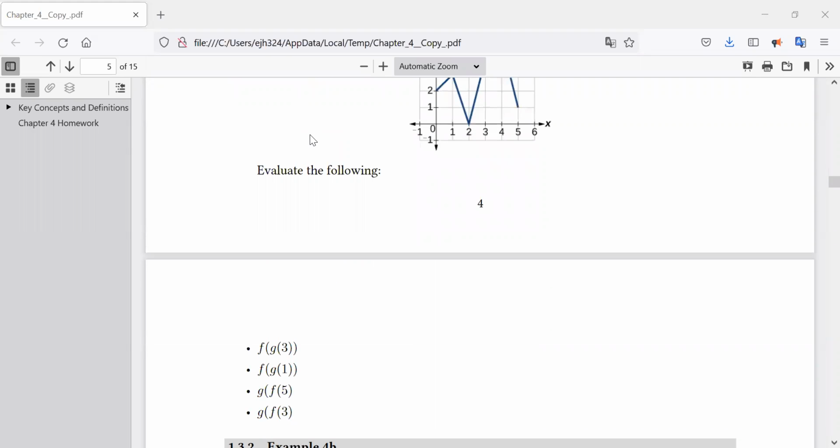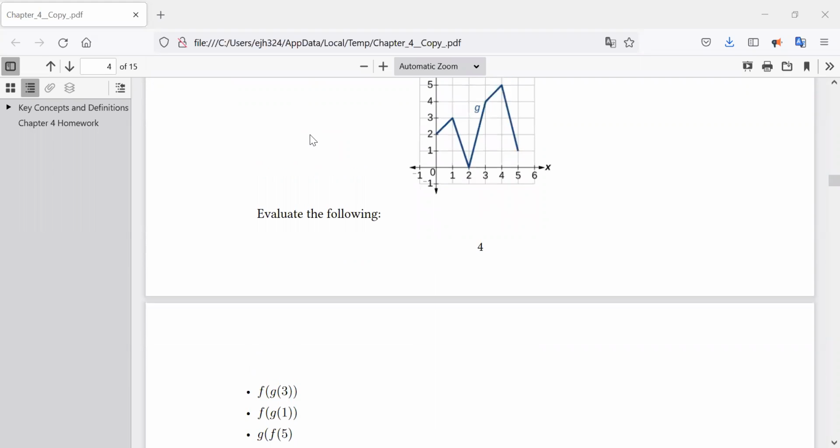If I give you a graph, we can still do this function composition. We're going to use that second method I was talking about before, of just figuring out what g of 3 is. So I look at g of 3, and it's going to be 4.